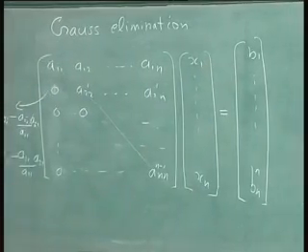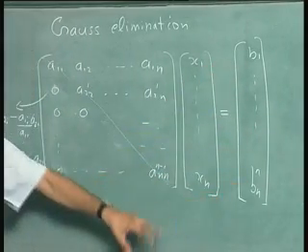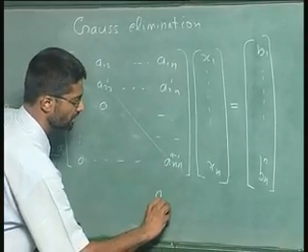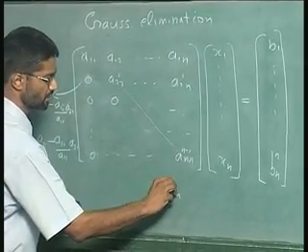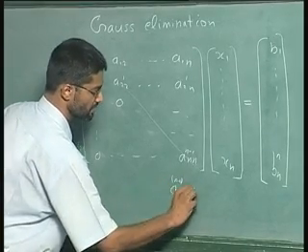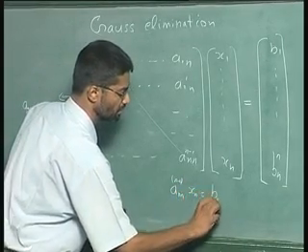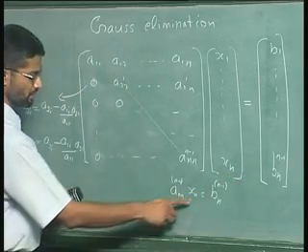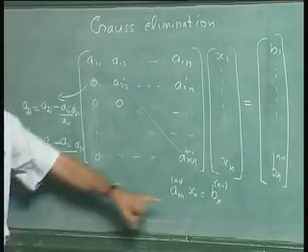When I do these operations, I also change this side. So I will have an equation like the new ann, changed n minus 1 times, into xn equal to bn, which will have changed n minus 1 times too. From this I can solve and get xn.